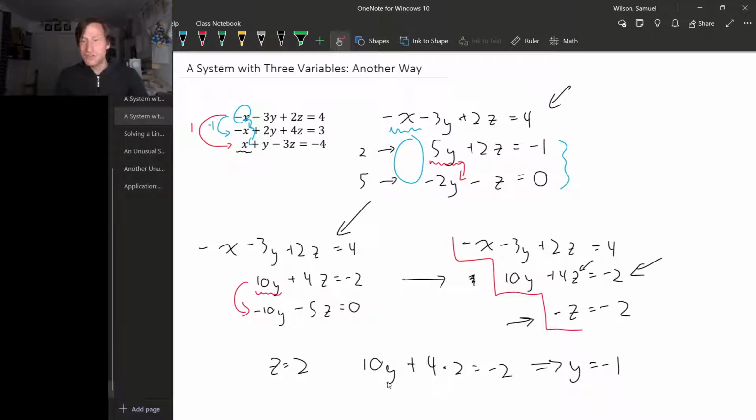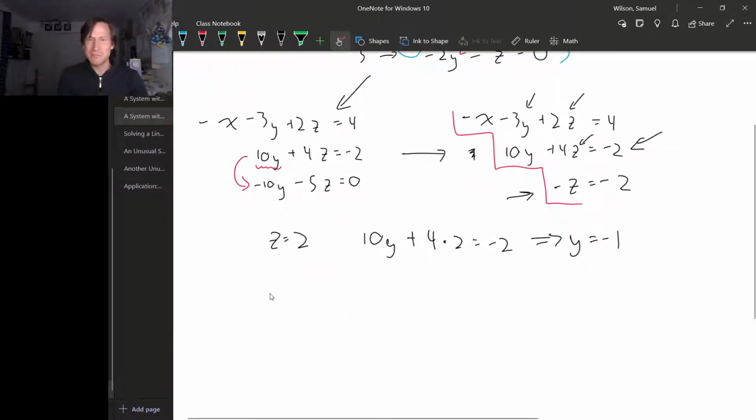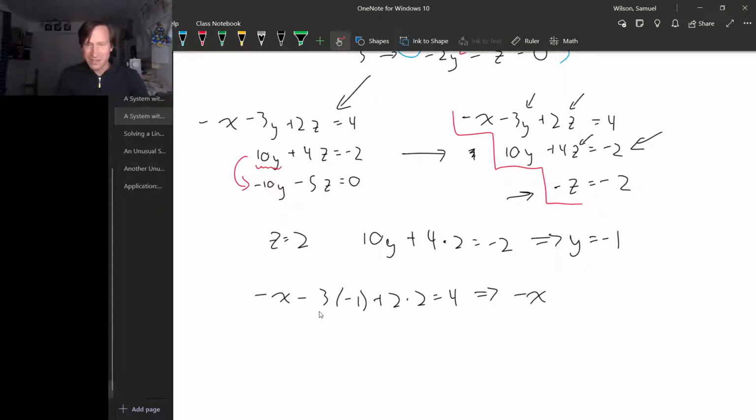And now that we know z and y, we can substitute that back into the first equation. So then we get -x minus 3 times y, which is -1, plus 2 times z, which is 2, equals 4. And so this gives us -x is, let's see, +3 plus 4, +7 equals 4.